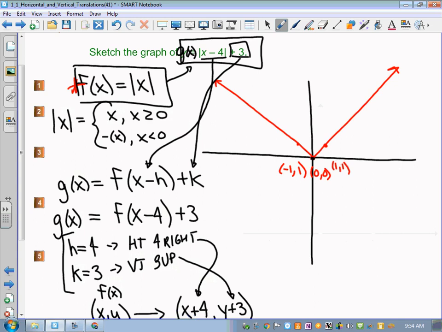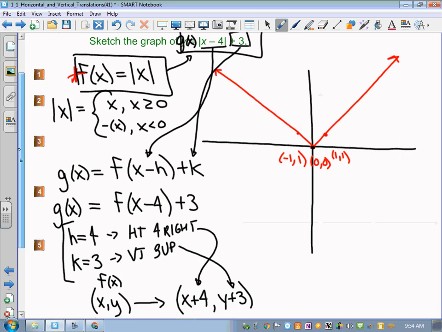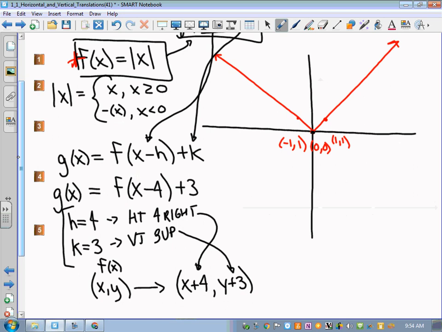All right, now keep in mind that down here, and it kind of got off the smartboard, sorry about that, I am going to add 4 to all the x's and add 3 to all the y's. So I'm going to draw that new function in blue, and what's going to happen is that 0, 0 is going to turn into 4, 3, and I'll put that point down here so it's out of the way. 1, 1 is going to turn into the point 5, 4, again, adding 4 to the x and adding 3 to the y.